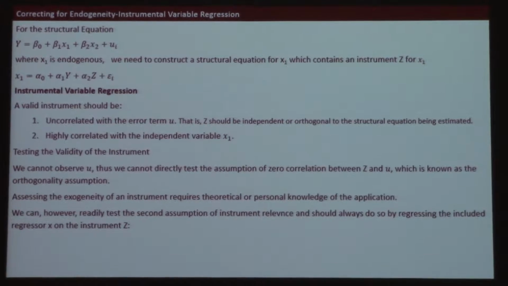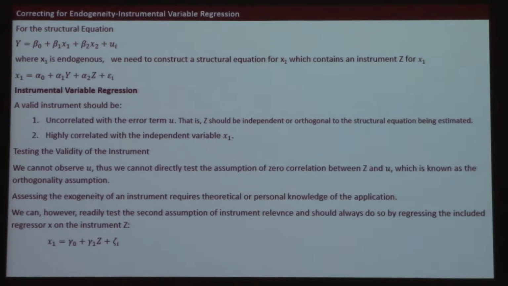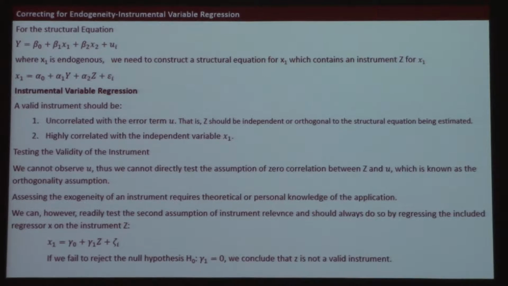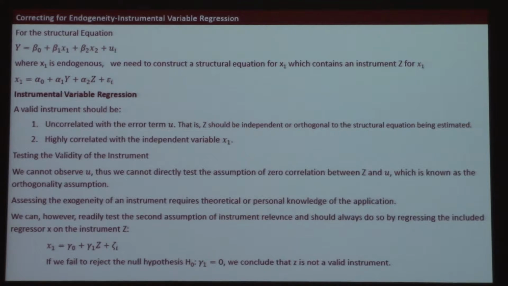We can test whether the problem variable and the instrument are correlated by looking at a regression between the two, and making sure that they're highly correlated. The operative word here is highly correlated.